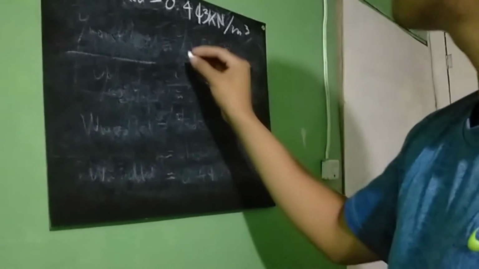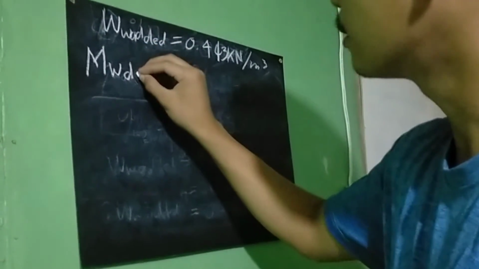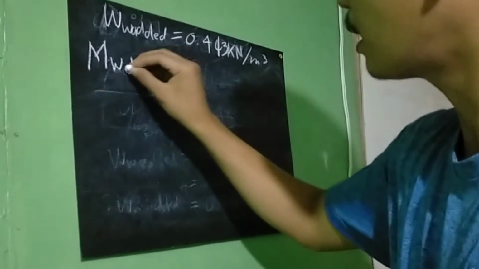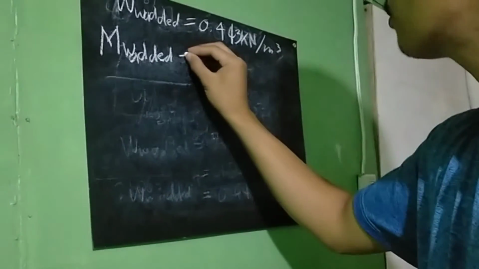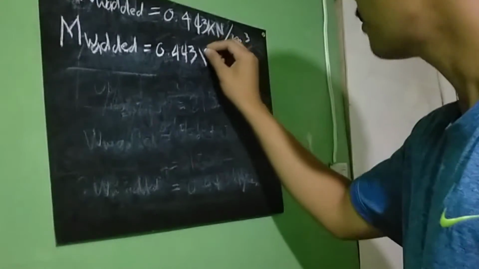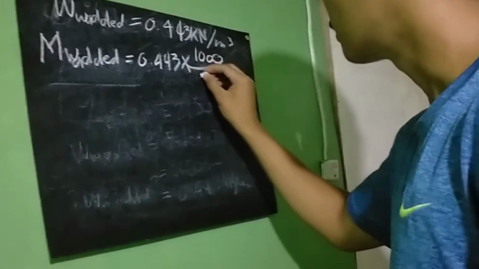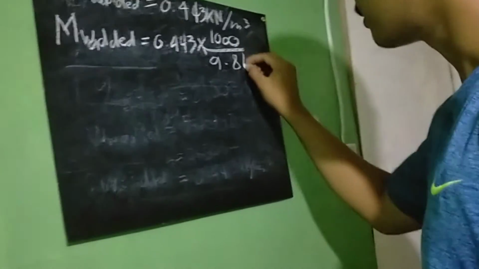Convert this into mass of water added, which is equal to 0.443 times 1,000 over 9.81.